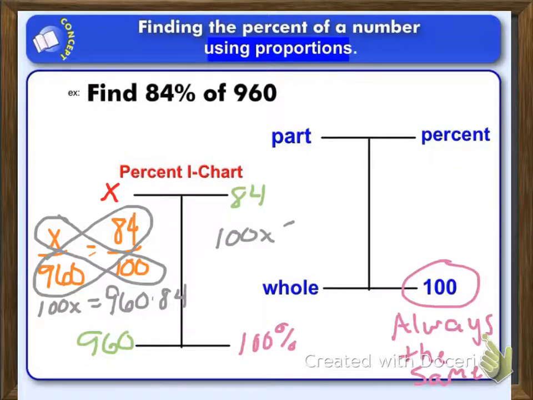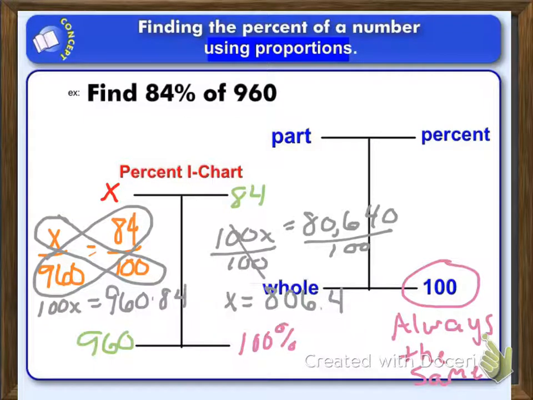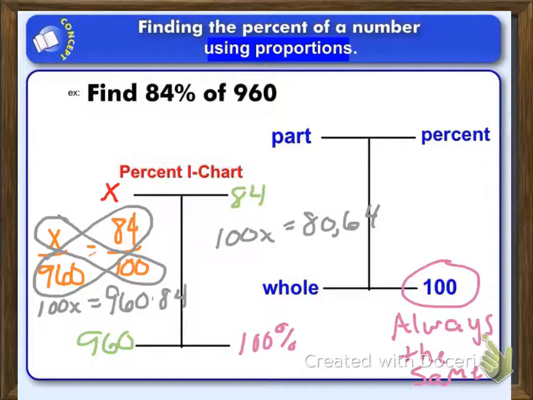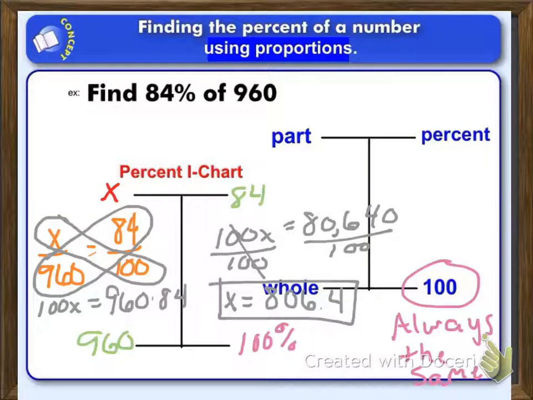When I multiply that, I end up with 100x is equal to 80,640. Then, in order to get x by itself, I have to divide both sides by 100. When I divide by 100, I come up with x is equal to 806 and 4/10.